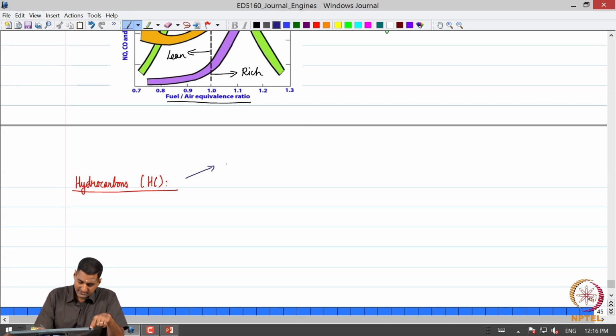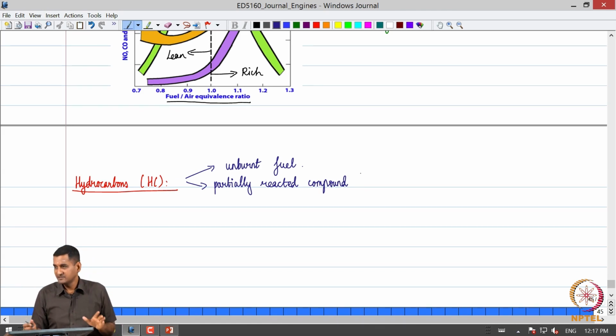We can have unburnt fuel compounds as they are in the exhaust, but also partially reacted compounds, particularly when we have high molecular mass hydrocarbons. They can be oxidized partially, go to a different chemical structure, and still be released along with the exhaust.